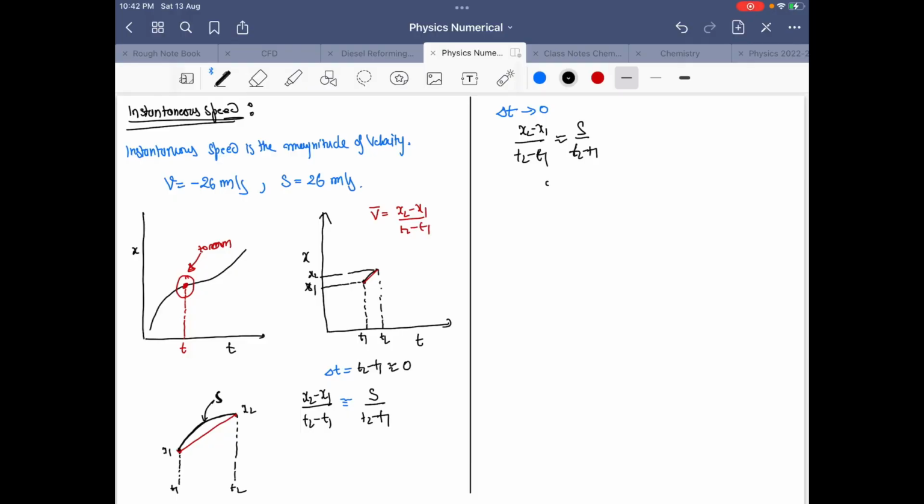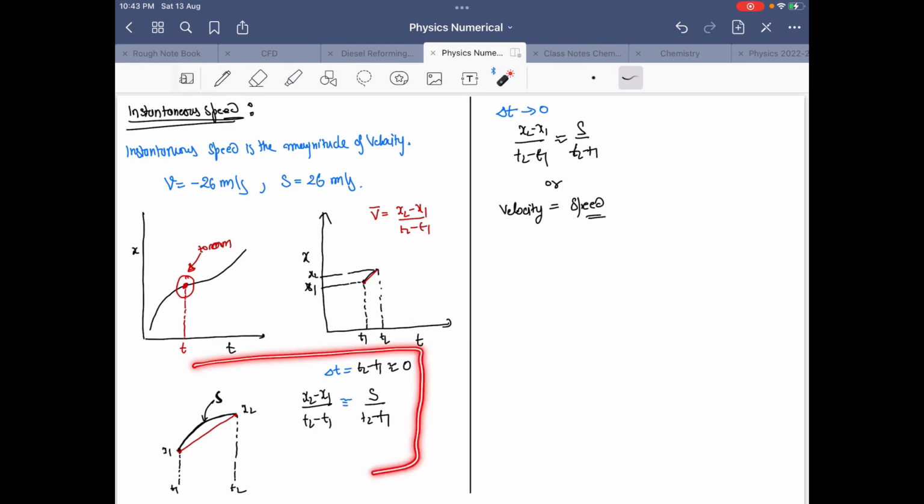Or we can say our instantaneous velocity is equal to instantaneous speed. And this is the reason why our instantaneous velocity is equal to instantaneous speed with a positive magnitude. I hope this is clear to you.